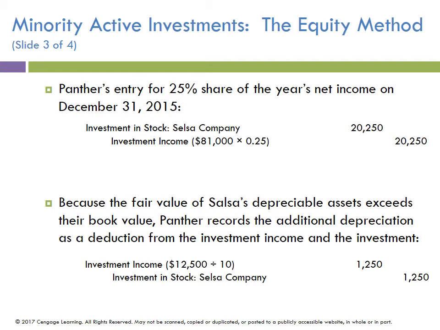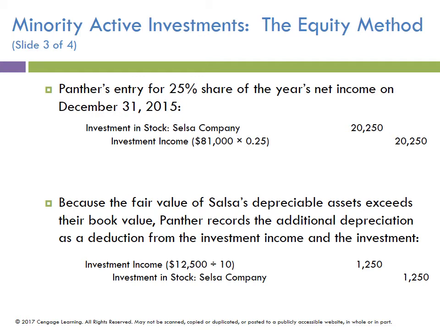When CELSA reports their income on their income statement, though, they're only deducting depreciation expense on $400,000. So that $81,000 that they reported, which is correct, that's what they're supposed to do, Panther is reporting 25% of it.